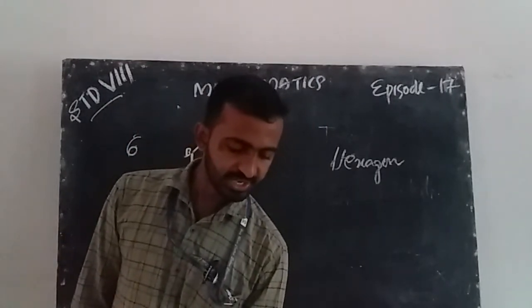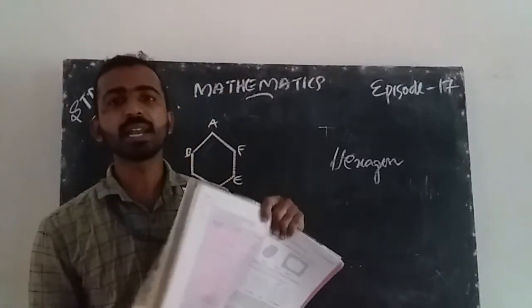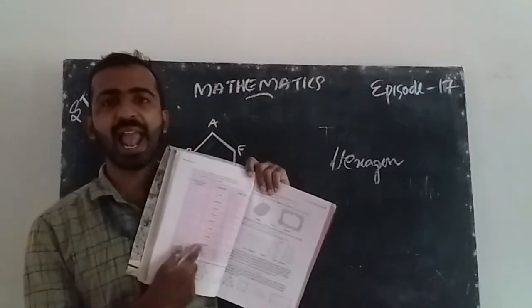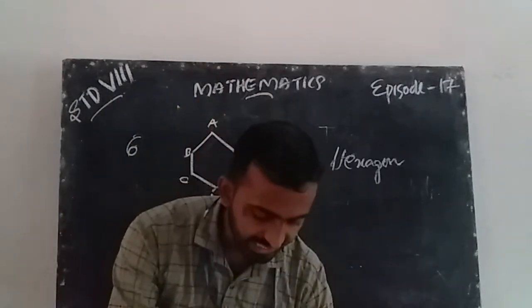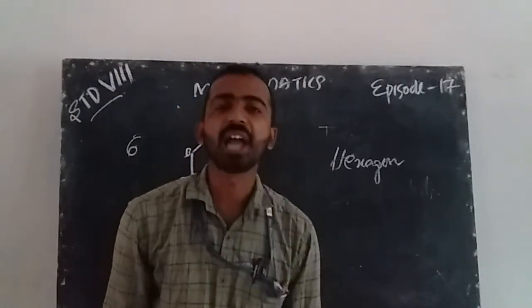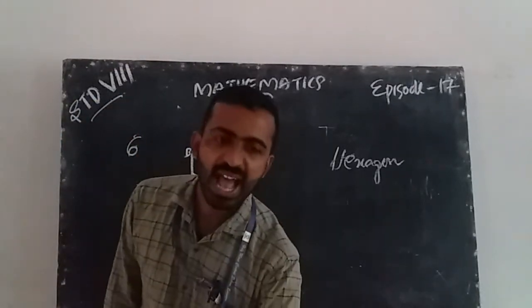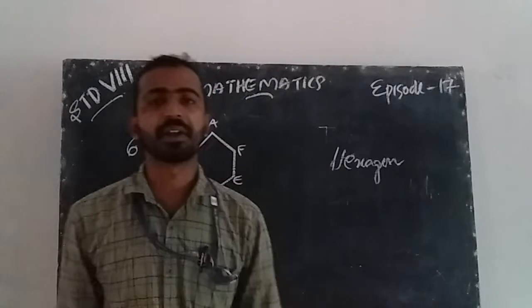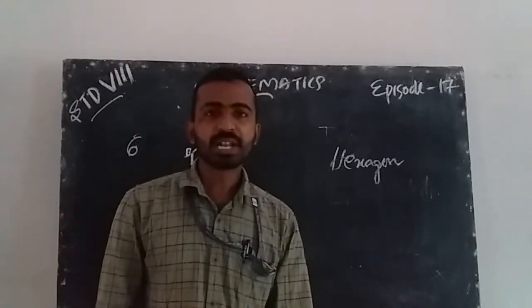And next is heptagon with 7 vertices, 8 is octagon, 9 is nonagon, and 10 is decagon, and n is n-agon. These are the names of polygons.